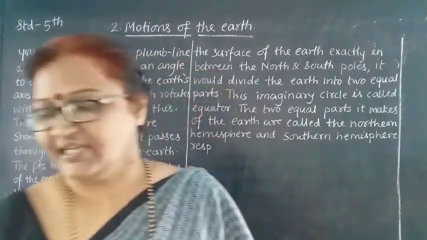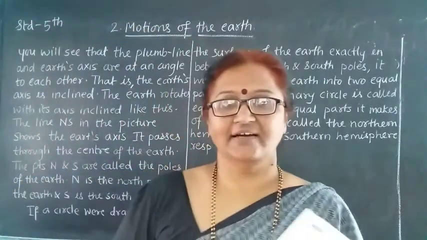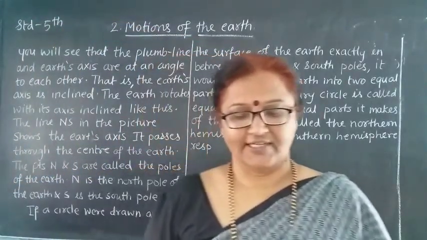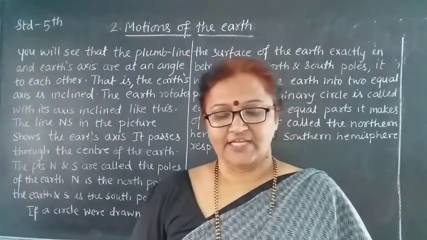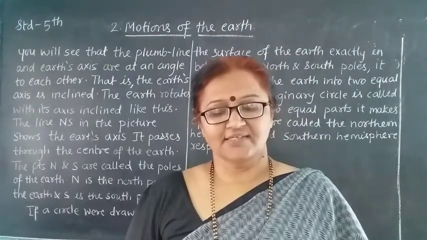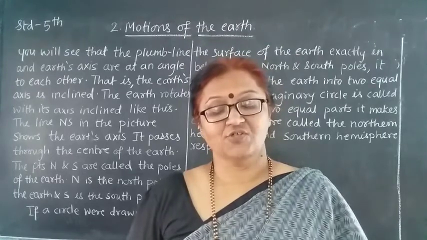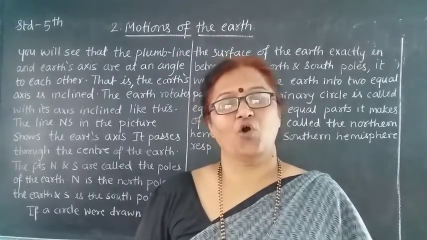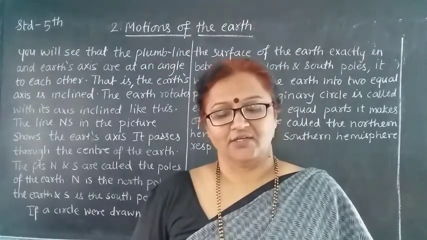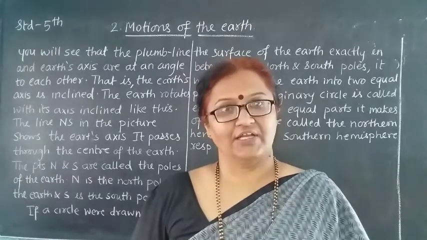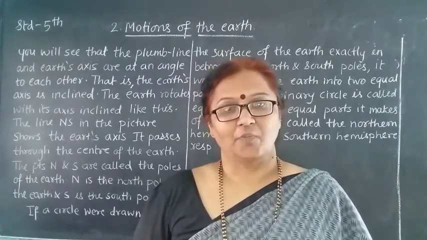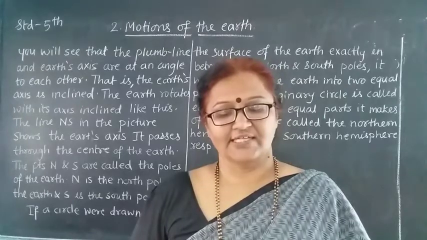See in your textbook, we are doing the "Try this". Rotation: the top turns round itself. You have to take a top and spin it, and then observe the movement. Whenever you spin it, the top turns round itself.